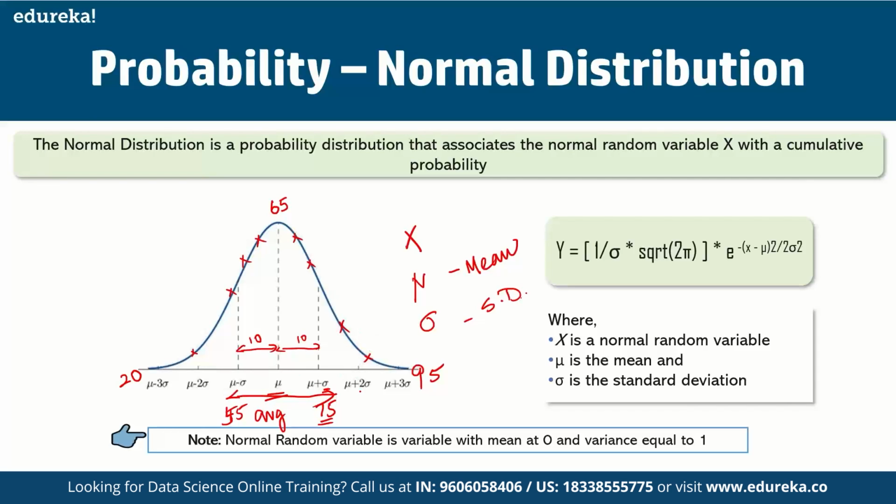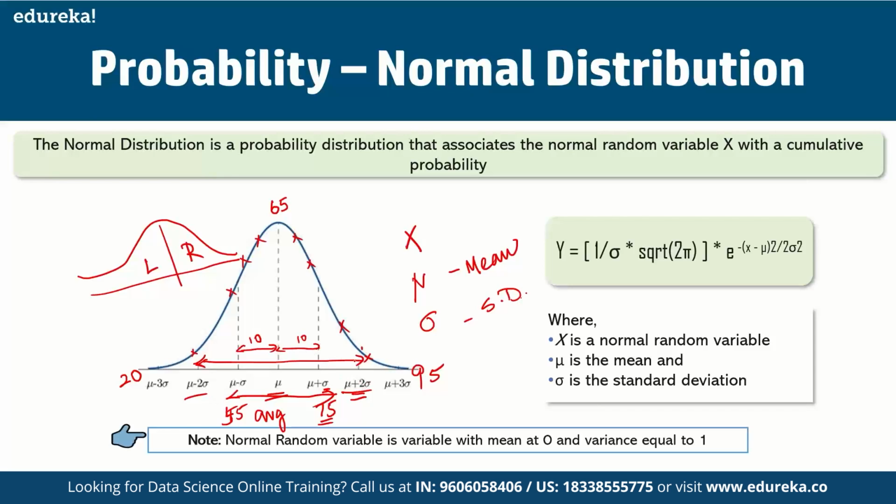We do have 2 standard deviations and 3 standard deviations as well. So you go 2 standard deviations on the right and 2 standard deviations on the left. We get the next value called mu plus 2 sigma, and this is mu minus 2 sigma, because in a normal distribution curve we assume that the values are symmetric. Both the left side and the right side would be symmetric. So here we have mu plus 2 sigma, and here it is mu minus 2 sigma.